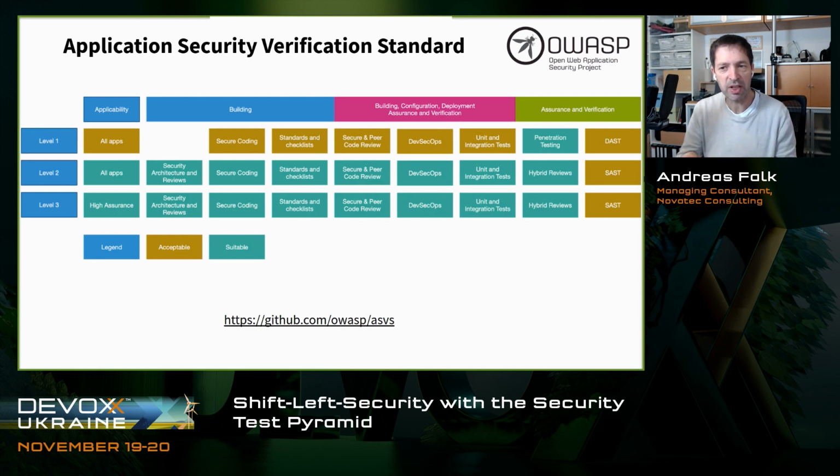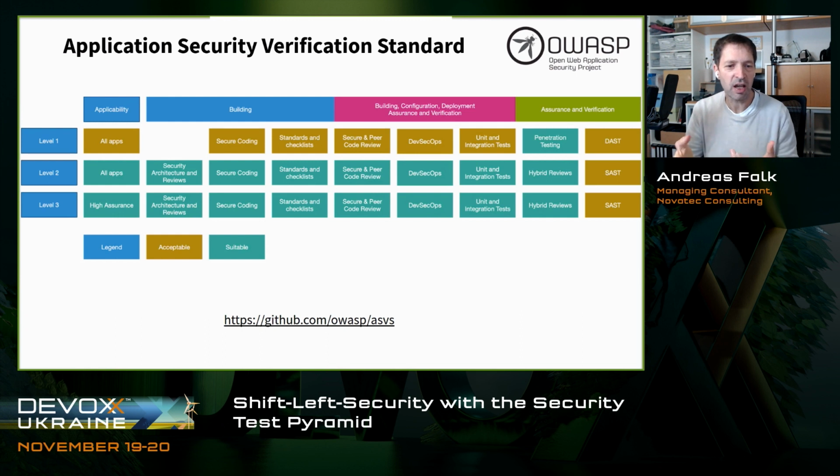All requirements that belong to level 1 are usually testable by some penetration testing. But the default application should at least implement all the requirements that are associated with level 2.